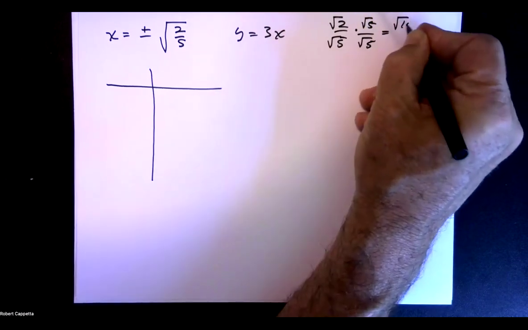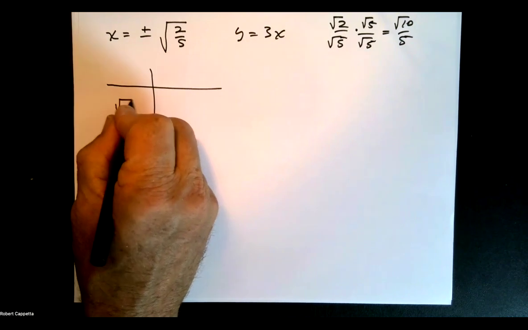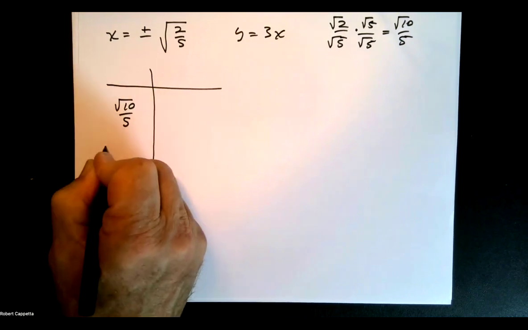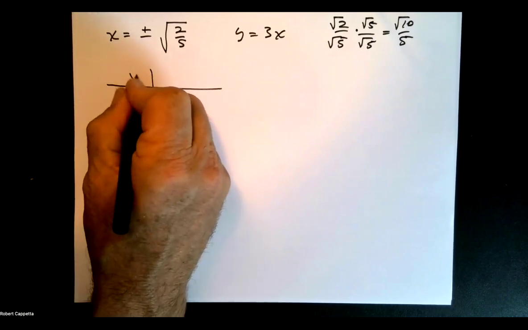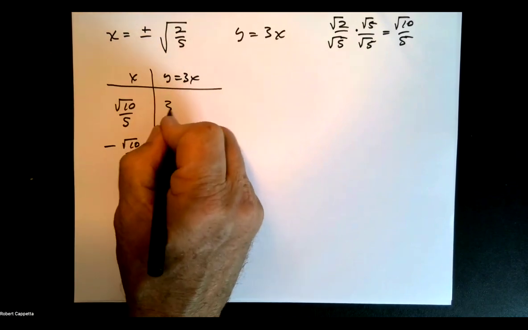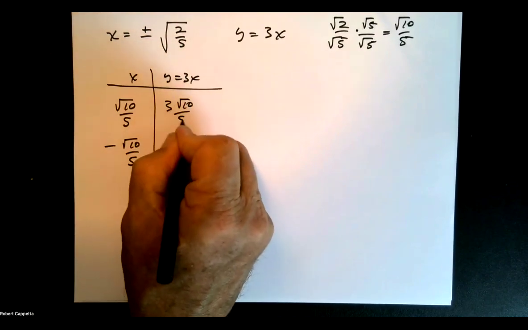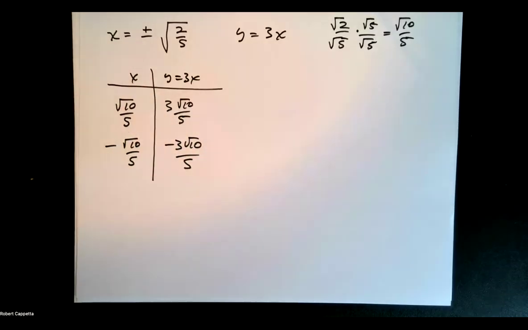That gives us root 10 over 5. So I could have x is root 10 over 5 and negative root 10 over 5. That's the x value. So then the y value, which is 3 times x, would be 3 root 10 over 5 and negative 3 root 10 over 5.